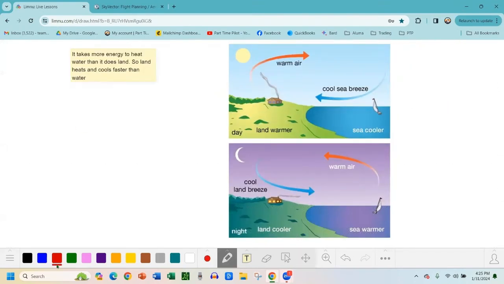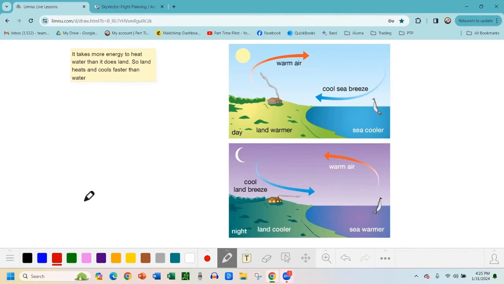And when we do that, one of the ways that you get pockets of warm air and pockets of cooled air is from the sun heating the Earth's surface differently, whether it's land, like dirt, or water, like the sea or a lake or something. Okay, it takes more energy to heat water than it does land. So it takes more energy, more time, the sun beaming down on the water to heat it.